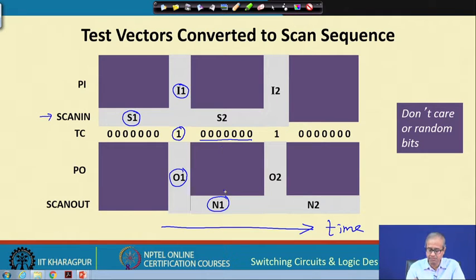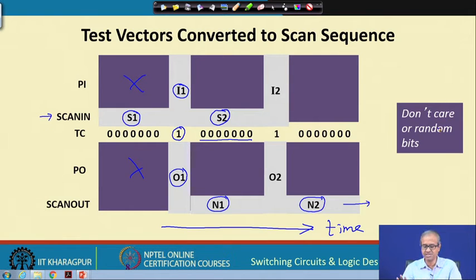And here you can do some parallel operation: while N1 is being shifted out, in parallel the next serial data, this S2, the present state, can be shifted in. So, there can be parallel operations going on. Only in the last stage there is no S, only N2 is there, and this N2 has to be shifted out. These dark places are do not cares during this shifting, so the PI are do not care, you can apply anything you want.